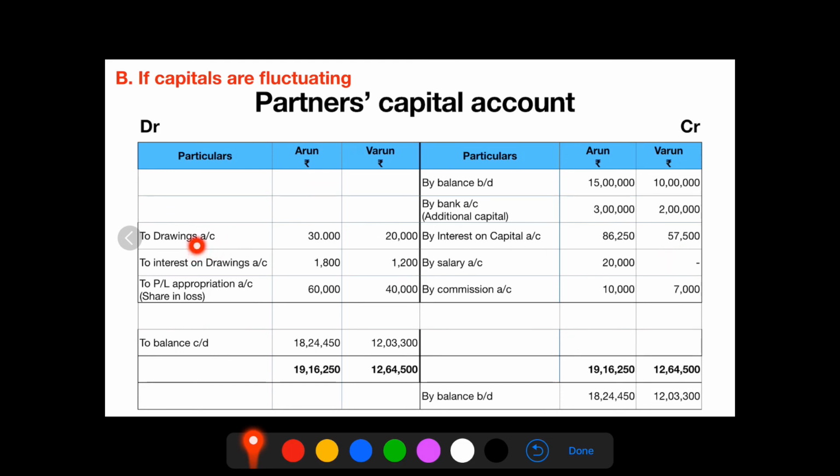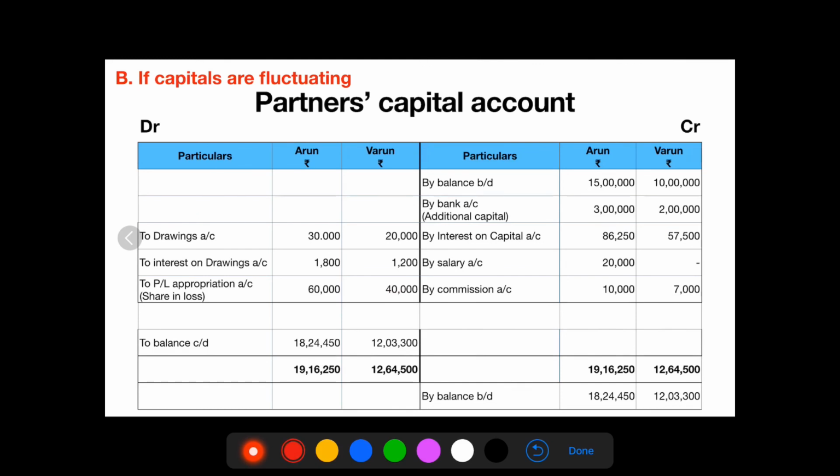Drawings are reducing the partners' funds, that is 30,000 and 20,000. Interest on drawings 1,800, 1,200. Salary, that is only for Arun, that is 20,000. Commission for both the partners 10,000 and 7,000. Share in loss being 60,000 and 40,000.